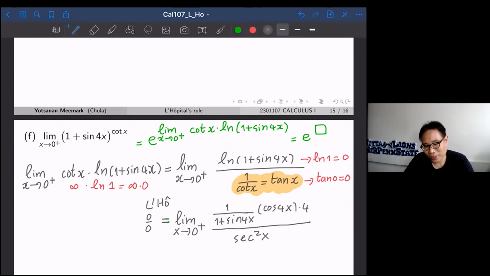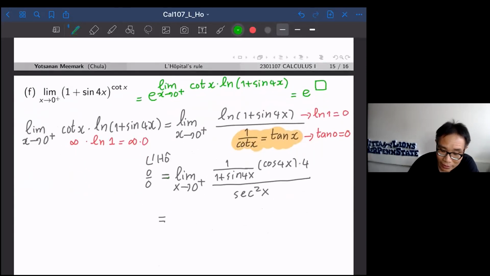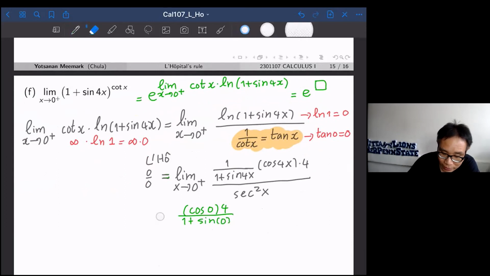Like I said, this one seemed difficult at first, but after using L'Hopital, it turned out to be pretty clear: cos 0 times 4 over 1 plus sine 0, over sec squared 0.